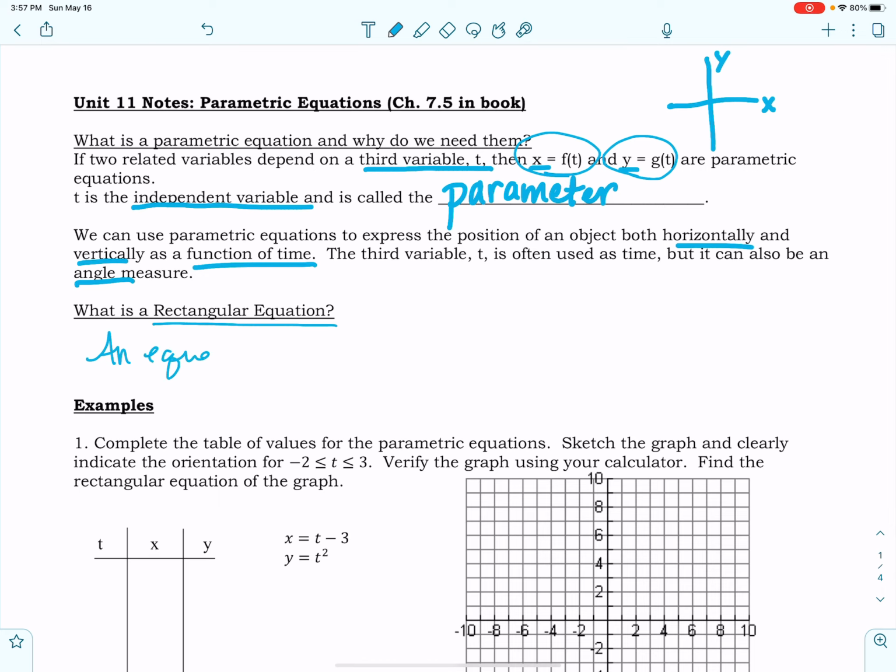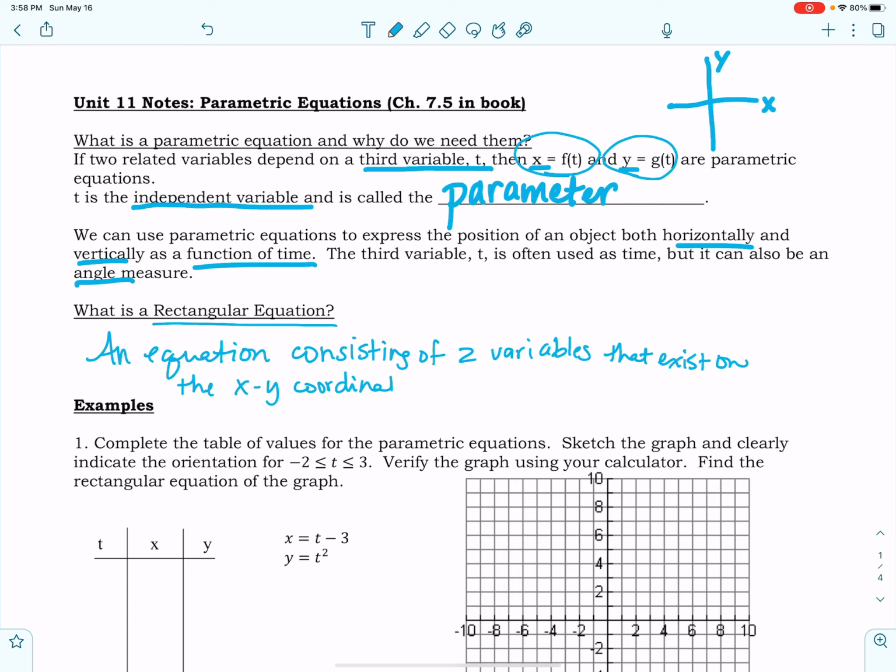It is an equation consisting of two variables that exist on the XY coordinate plane.